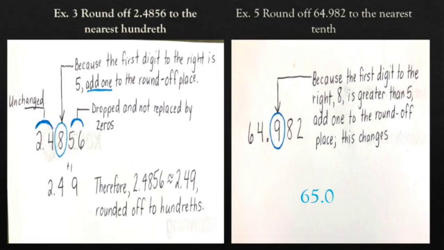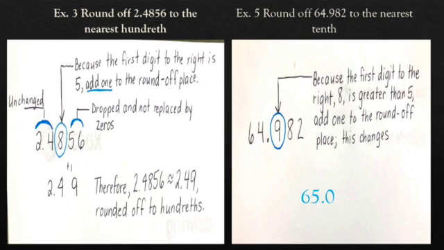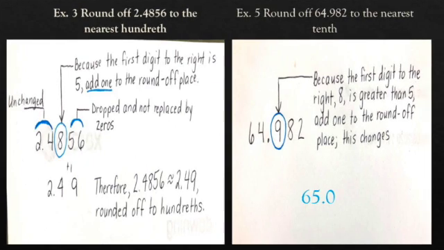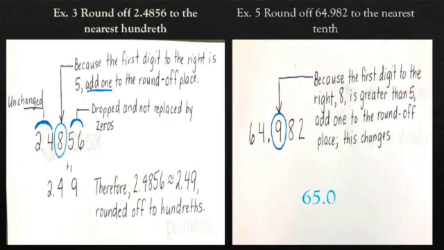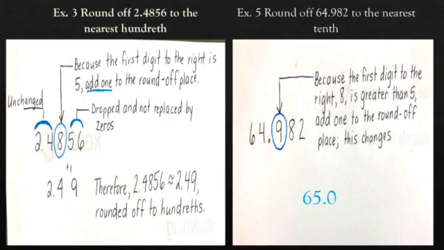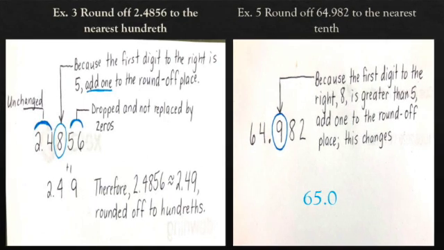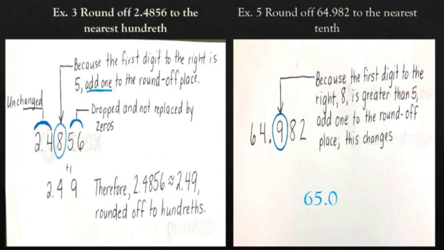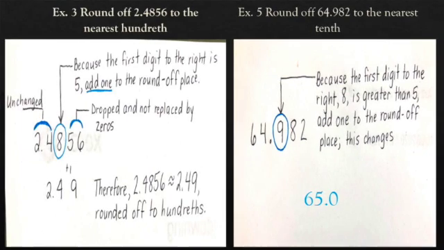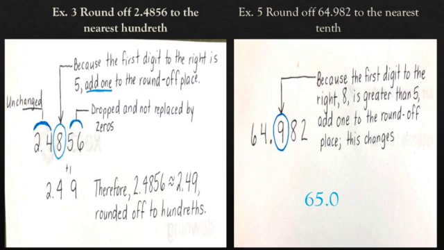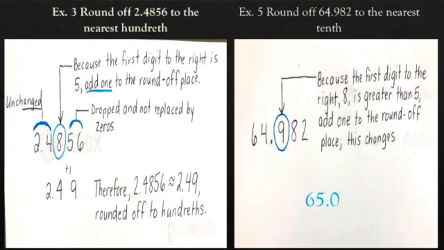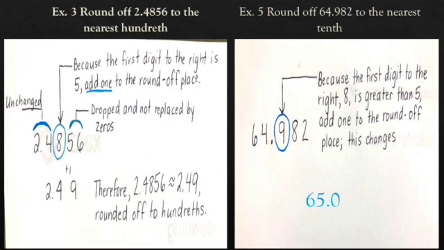Last example, example 5. We are going to round off 64 and 982 thousandths to the nearest tenth. I have the 9 circled in blue. Now I look to the right, I look to the 8, and it is greater than 5.